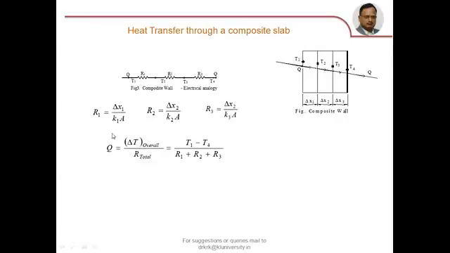So it is similar to L by KA, which we have seen in the last session. So R1 is del X1 by K1A, R2 resistance offered by the second material is del X2 by K2A, R3 resistance offered by the third material is del X3 by K3A.